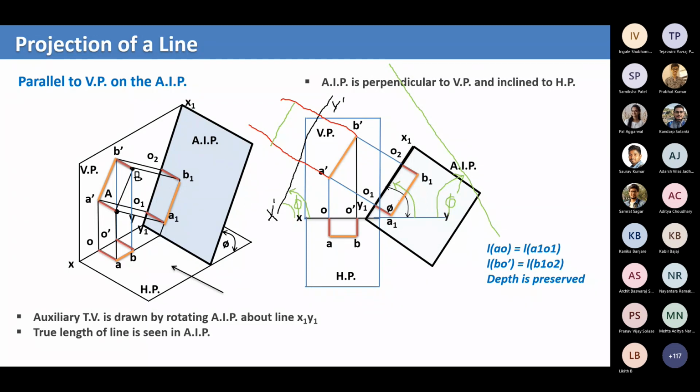If you take the auxiliary plane, be it an auxiliary inclined plane or an auxiliary vertical plane, parallel to the projections a dash b dash or ab, how do you take it? If it is an auxiliary inclined plane, you take it parallel to a dash b dash. If it is an auxiliary vertical plane, you take it parallel to ab.